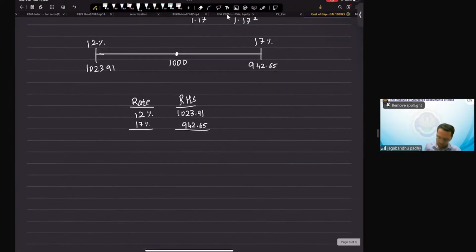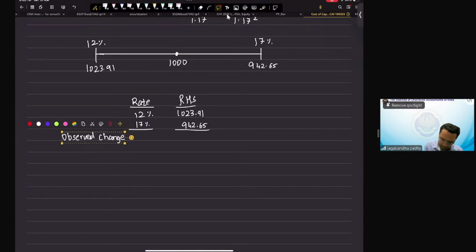So, what is the observed change? What is the percentage change that you're observing in the rate?